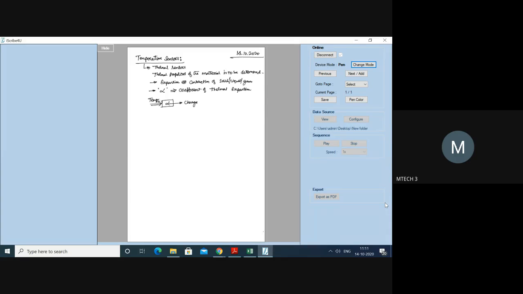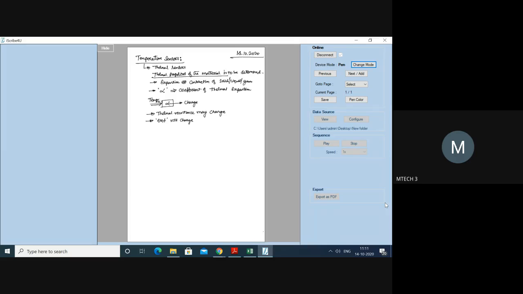One is that the expansion or contraction of the material changes. Next, thermal resistance may change due to the temperature. And also the EMF of the material will change. So if it is a temperature sensor, the thermal properties of the materials change, and that has to be determined.